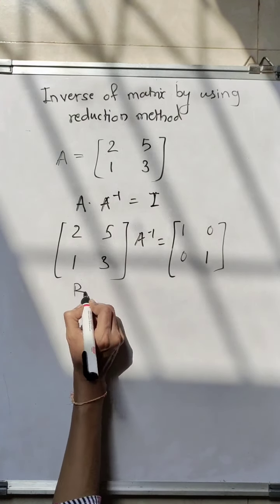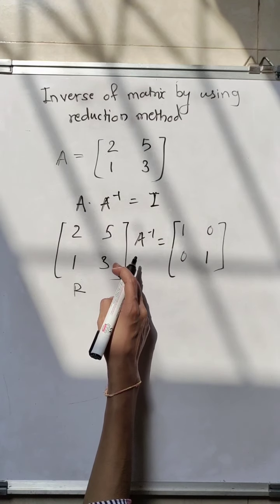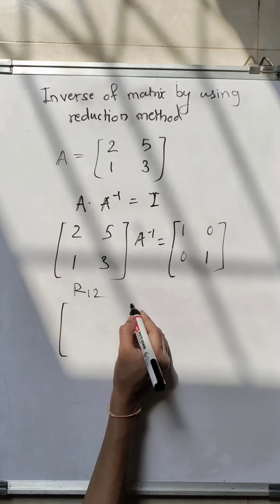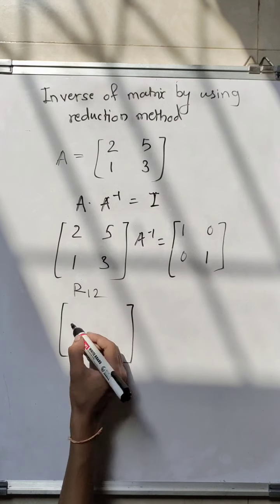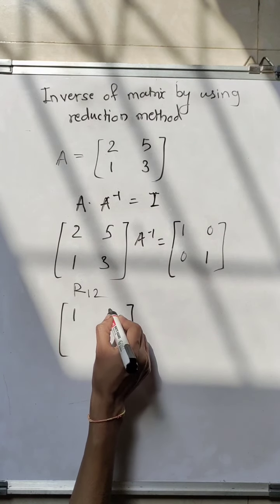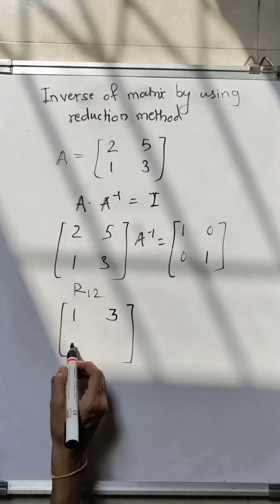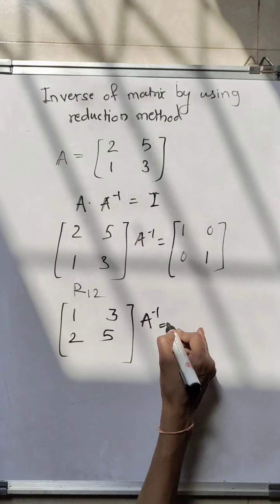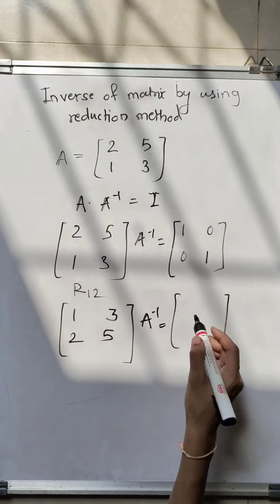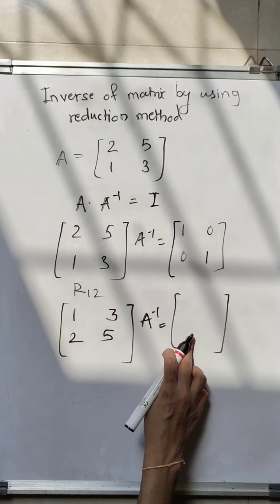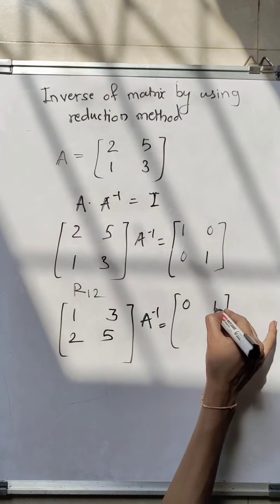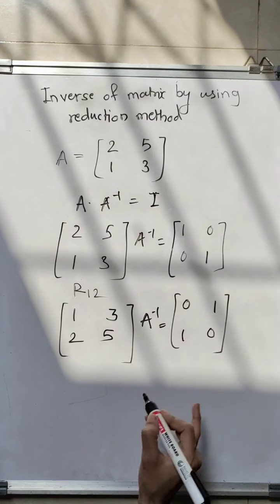For this, we are going to interchange the first row and second row. After interchanging the first and second row, we also have to interchange the rows of the identity matrix. So it is 0 1, 1 0.